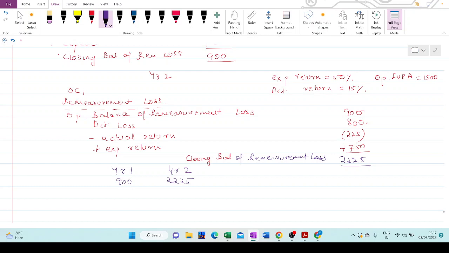Please tell me what is the expected return in IFRS? Ashay, Kunal, Anil, batao, expected return is what figure? Discount rate. Yes. IFRS says that the expected return is the discount rate.